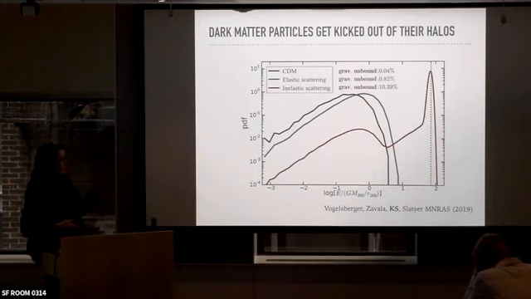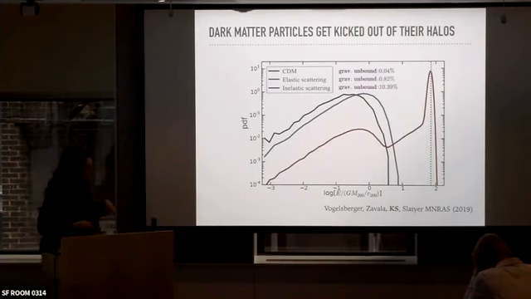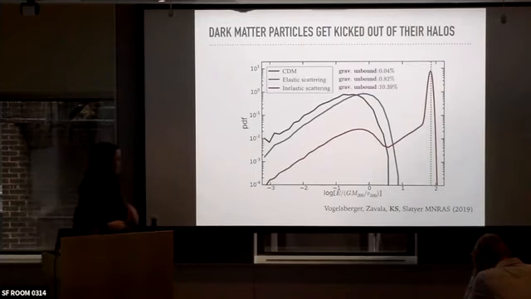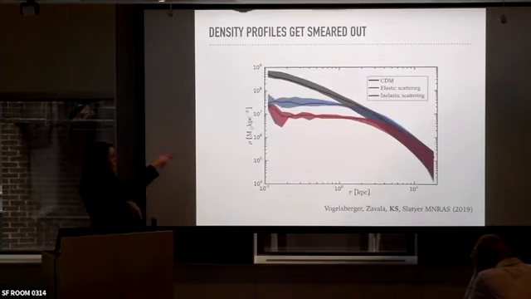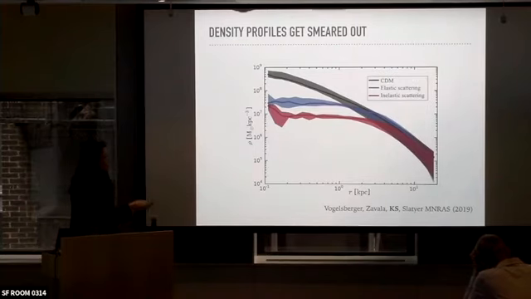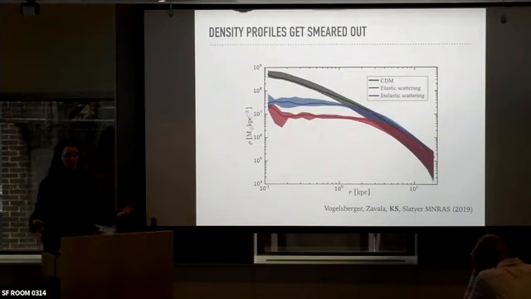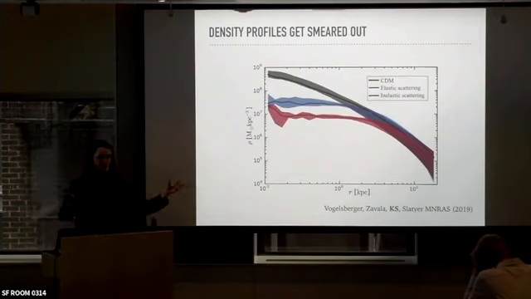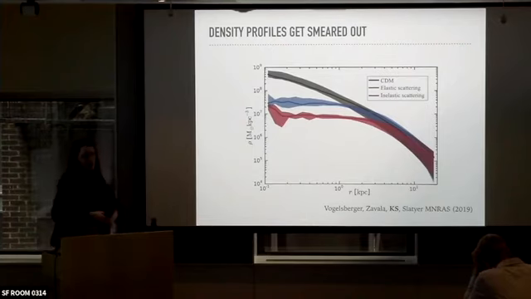If you also just try to quantify this by looking at the profile of these subhalos, we know that in CDM, we get this cusp in the center, and we know that elastic scattering can core the profile. And inelastic scattering, it turns out, does an even more efficient job, because those particles that got kicked out of the halo, had they still been there, they would have made the gravitational potential deeper, and that's going to have implications for the other dark matter particles that don't necessarily scatter.